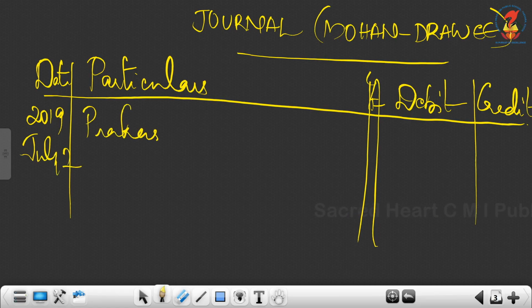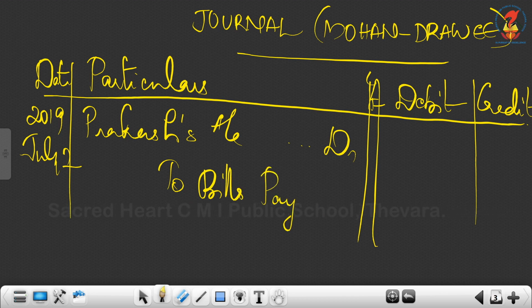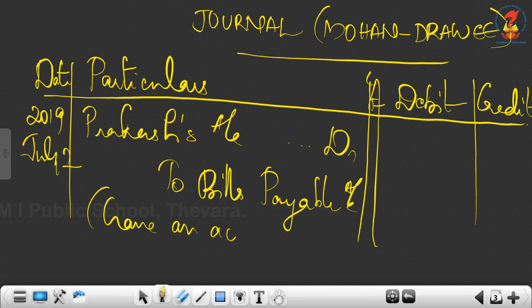So we are giving to Prakash. So Prakash's Account debit to Bills Payable Account. You can write as the narration, 'being acceptance given'. Then the amount is 30,000.